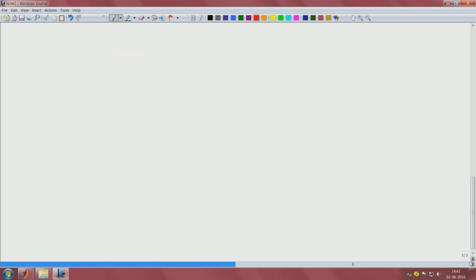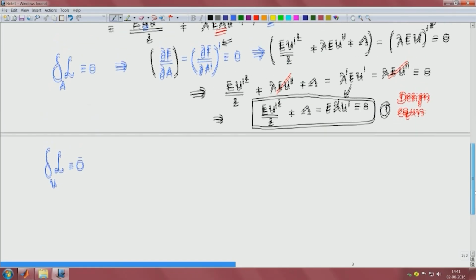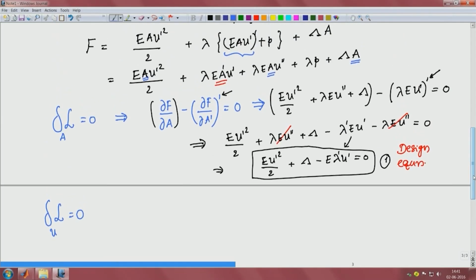That is equation 1, the design equation. Then we take the variation of the Lagrangian with respect to the state variable, because that is also a function. Let us see what f is, which you see at the top of the screen.